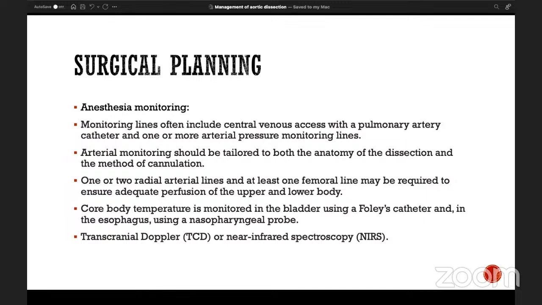Monitoring of the body temperature, with either bladder temperature with Foley's catheter and the esophageal temperature through a nasopharyngeal probe. Cerebral monitoring with transcranial Doppler or NIRS is commonly used, especially NIRS in most of the cases.